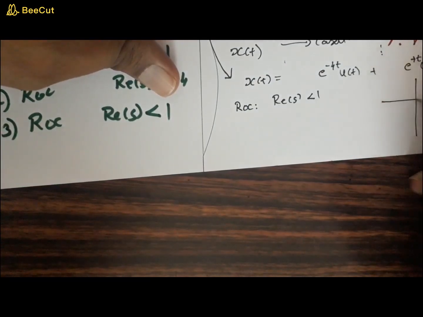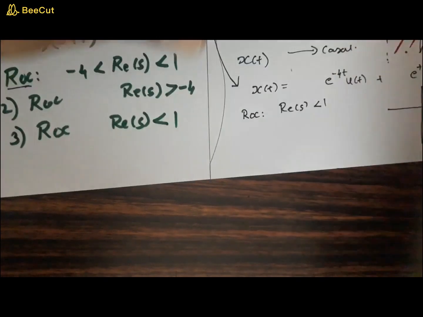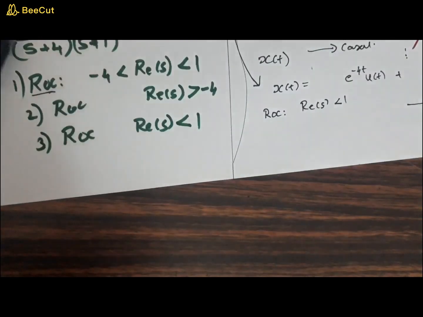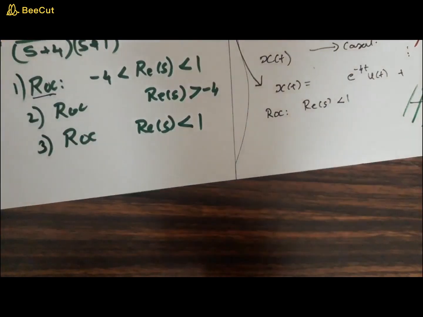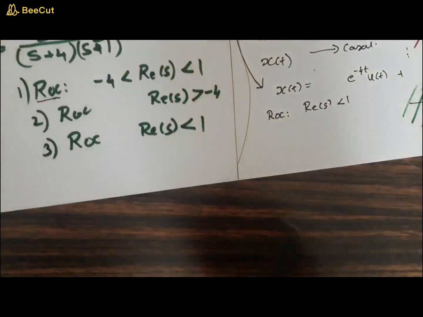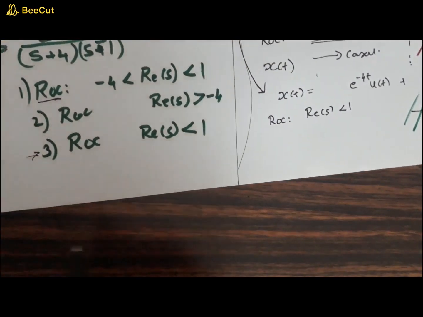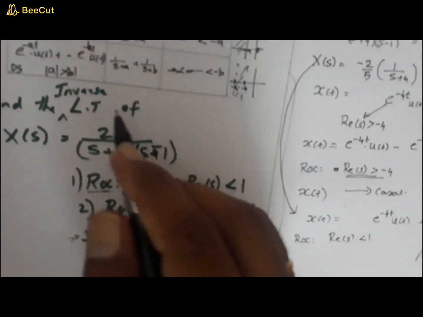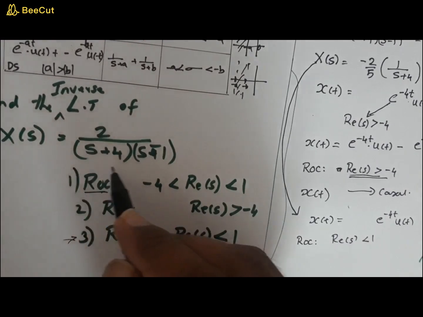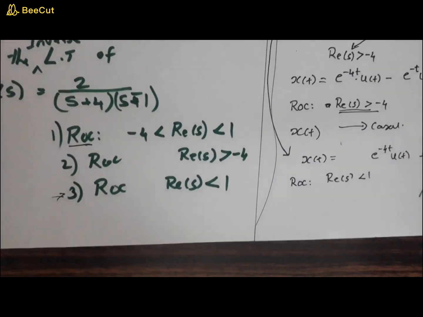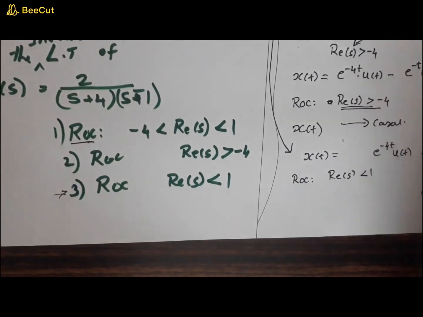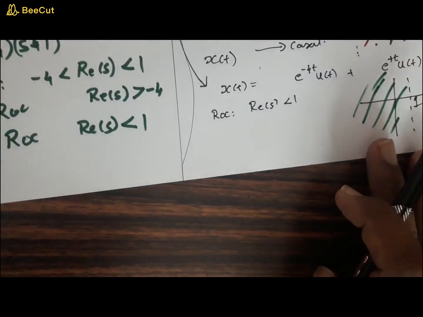ROC less than 1 means this is your point 1, and the ROC is going to be like this, all of the s plane that is less than 1. And what is the meaning of this question? That is to find the time domain signal corresponding to this transform which exists for all of the s plane less than the point 1, right?